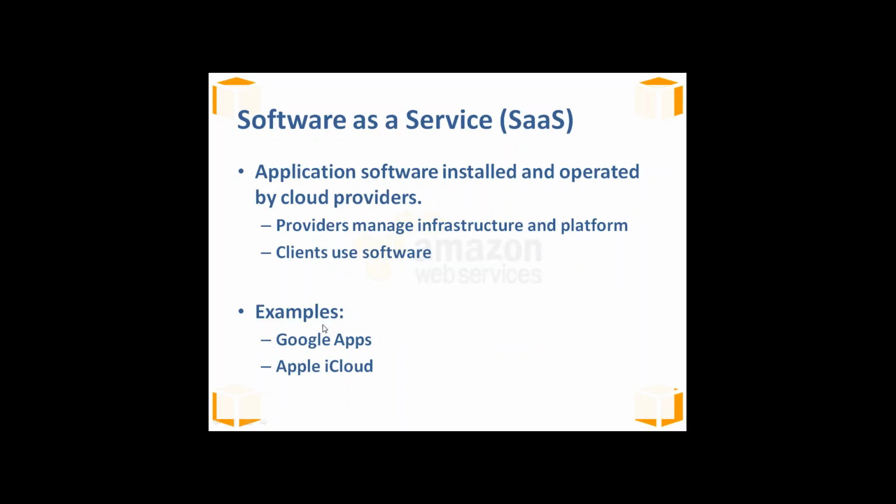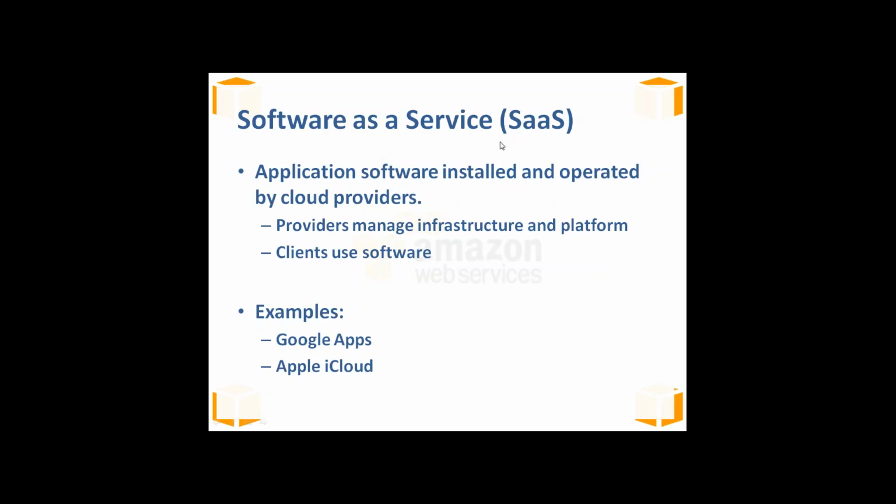For example, you might have come across Google Apps as well as Apple iCloud. You might have used Google Apps in an Android device, whereas Apple iCloud on Apple devices such as iPhone or iPad. What you would have done is borrow these apps, which provide many applications, and install them on your machines. So this is a good example of software as a service.